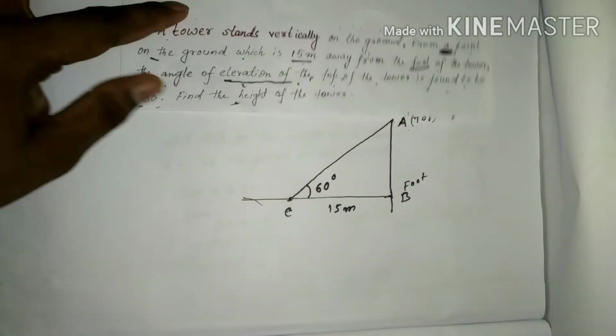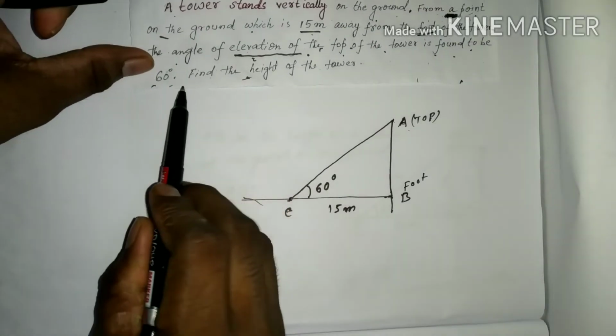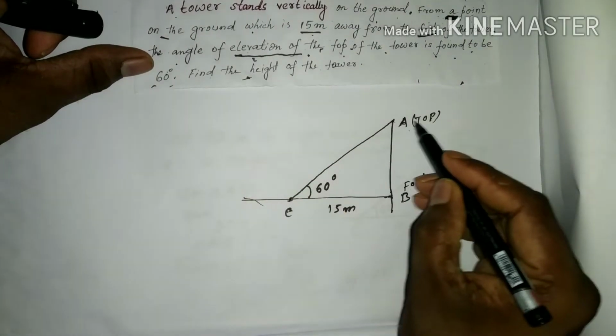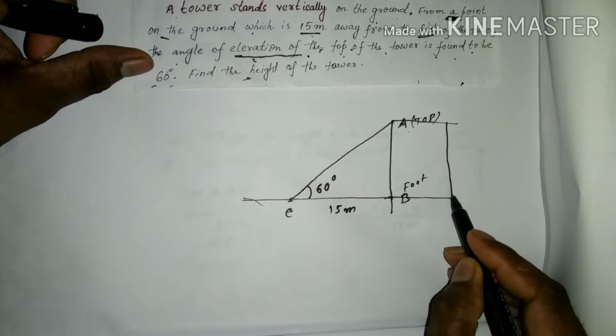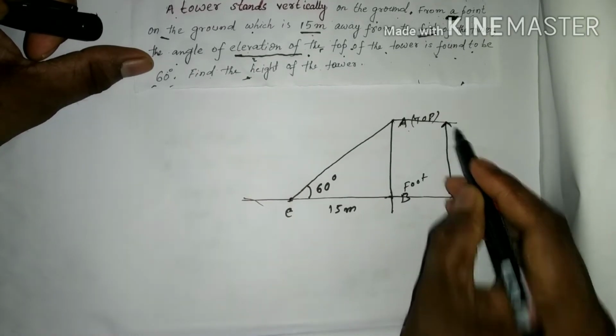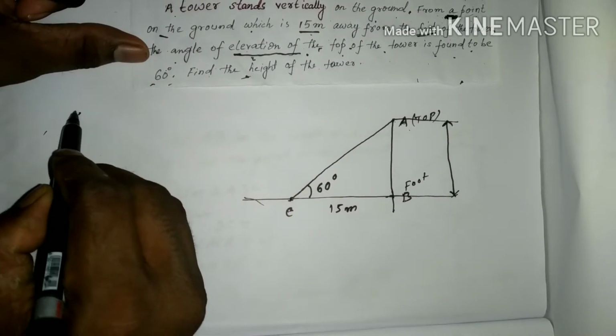Now my diagram is ready, and the question is given: find the height of the tower. This is the height of the tower. Suppose this A and B, this is the height of the tower. Actually we have to find this out. Okay, now suppose we just write what we have assumed.